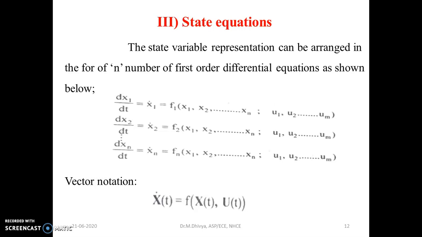Similarly, the next differential equation corresponding to the second state variable is given by dx2 divided by dt is equal to x2 dot is equal to the function f2 comprising of state variables as well as input variables.